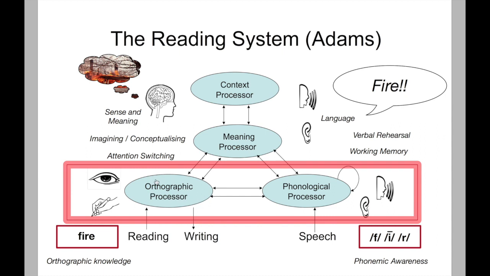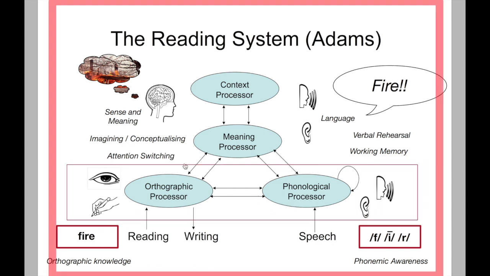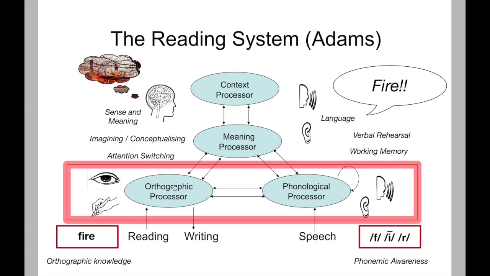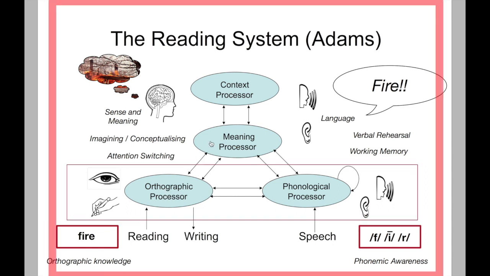The orthographic processor processes that visual information, retrieves that word from memory, and goes, oh, I know exactly what that word is. I can automatically process it without having to physically sound it out. I might sub-vocalize it, or it might be sounded out and processed unconsciously in my brain, but I might be going straight from the orthographic processor to the meaning processor.